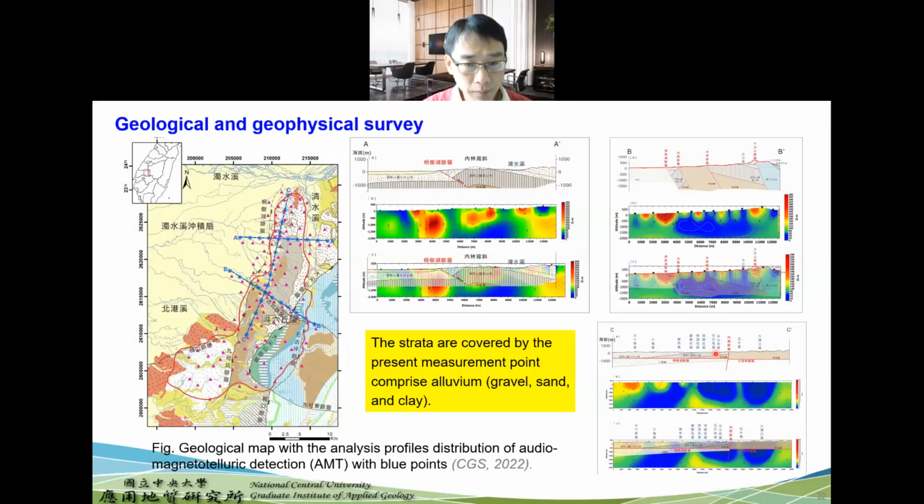In these areas, because we collaborate with the institute, they do some investigations like geological surveys and geophysical surveys to understand the structure. This is profile AA' and BB'. In this area, we have some anticline, some Toukoshan formations, and also the Dongshuhu fault.